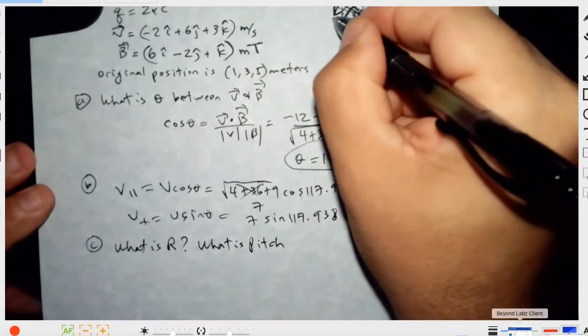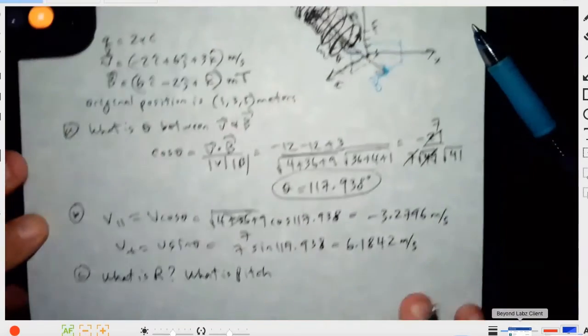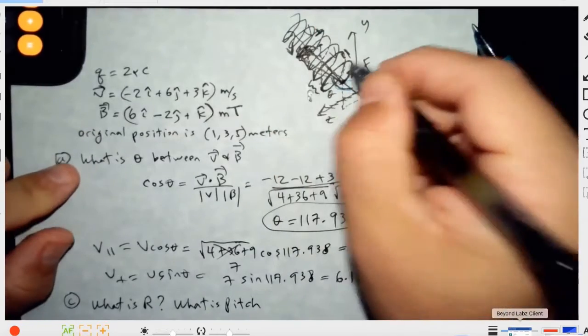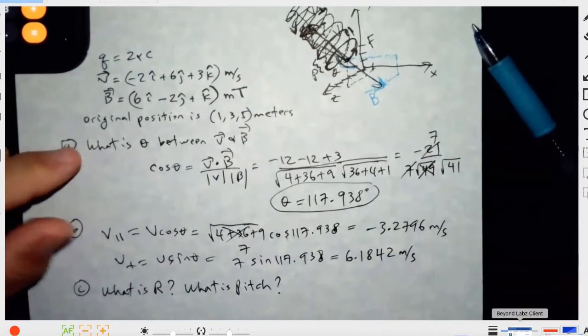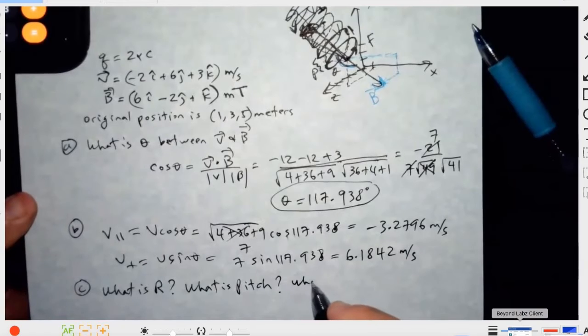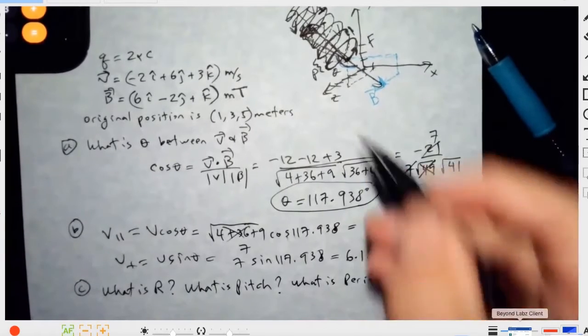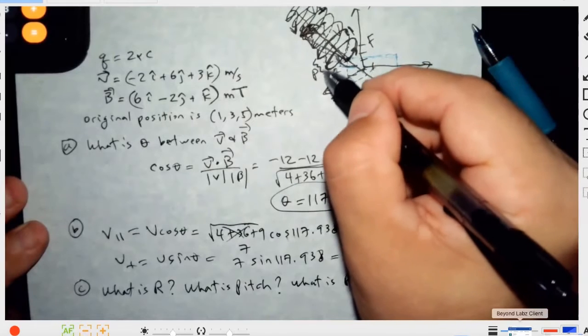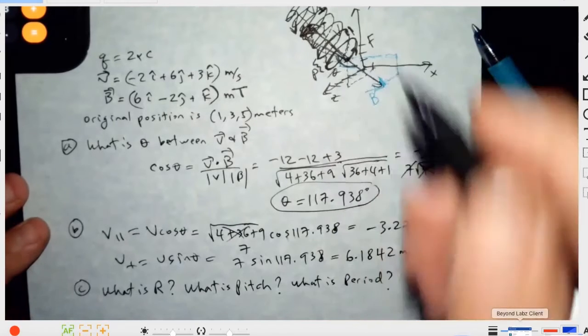Remember, the pitch was the distance between each one. And then what is the period of the orbit? What is the period? The period is how many seconds it takes for one turn, like this, and then come back. You see.